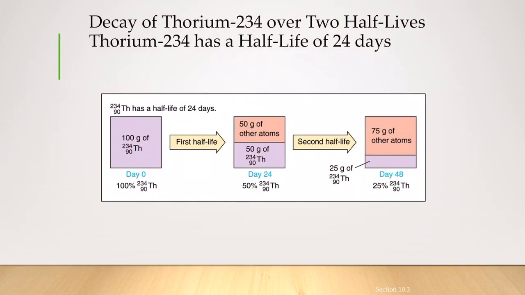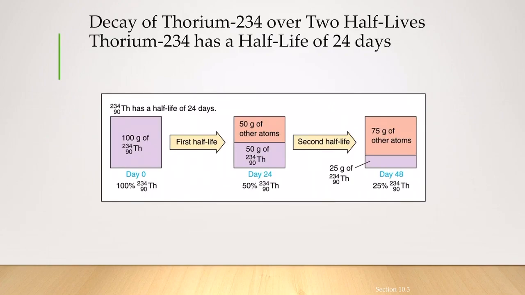So to explain this, we have this little diagram here. Let's say that you have a radioactive nucleus, which is thorium-234, which has a half-life of 24 days. At day 0, you have about 100 grams of thorium-234.